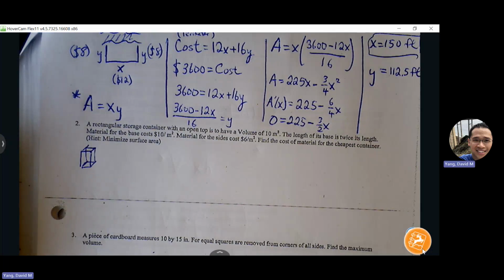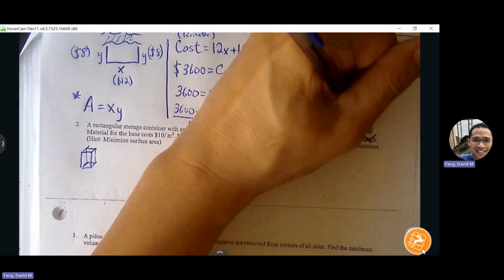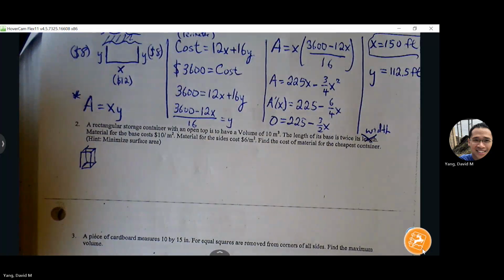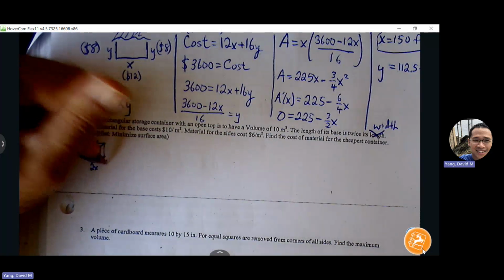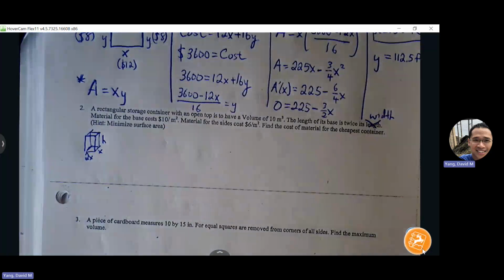The length of the base is twice its width. So I know I have a relationship with the base here. One side is 2x, the other side is x. I don't know what the height is, so I'm going to have a different variable for that, h.